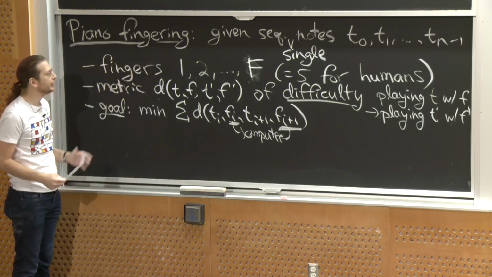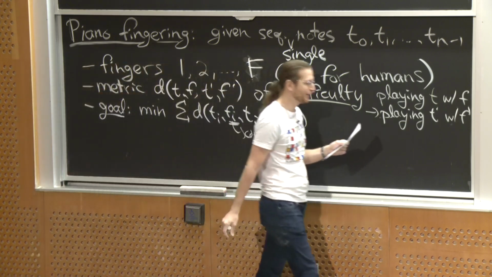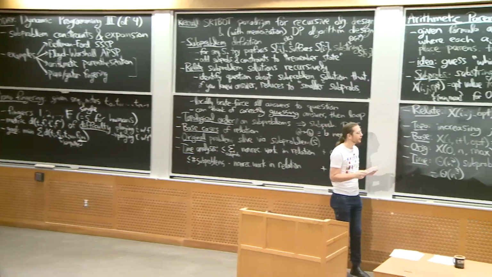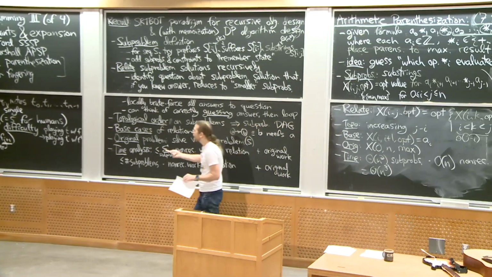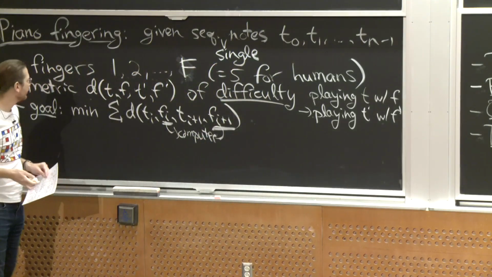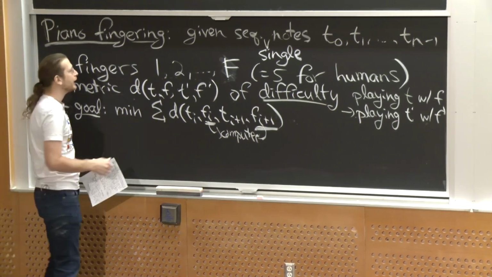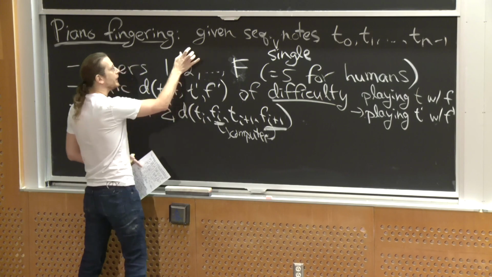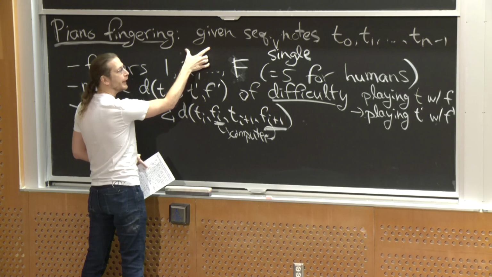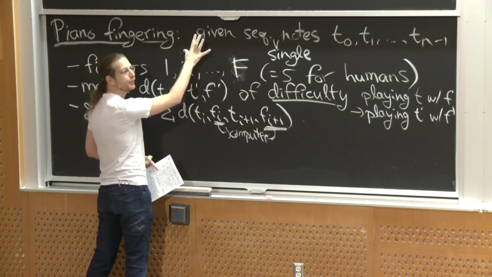Okay, so this is actually a natural problem. There are lots of papers about this problem. I've read a bunch of them. Obviously not super well about how to play scales. But there are constraints in this. Usually people write this metric as a sum of different penalty terms. If I want to minimize difficulty, difficulty is high if I go from a low note to a high note, that's easier to do if I use a lower numbered finger and go to a higher numbered finger.